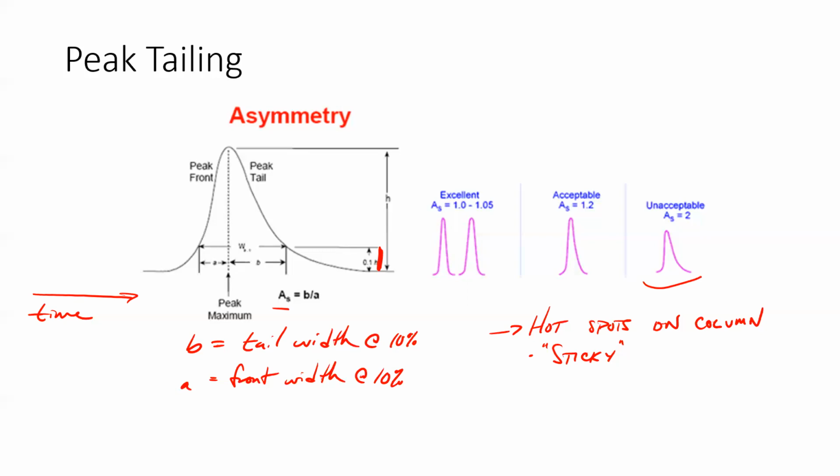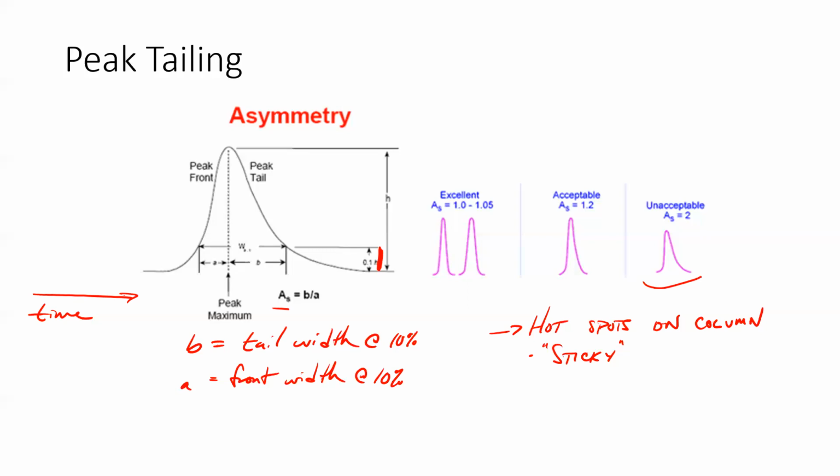I mean, it's not an easy thing to do to make sure those antibodies are spread out across the column. If one region of the column is particularly saturated with those antibodies, then that part of the column is going to hold on to your antigen very well while your mobile phase pushes the rest of the antigen through. And so, whatever type of stationary phase we're talking about can have these hot spots, these sticky spots.